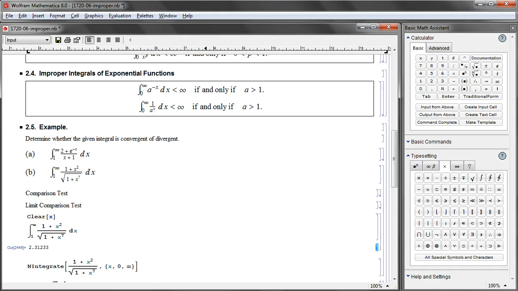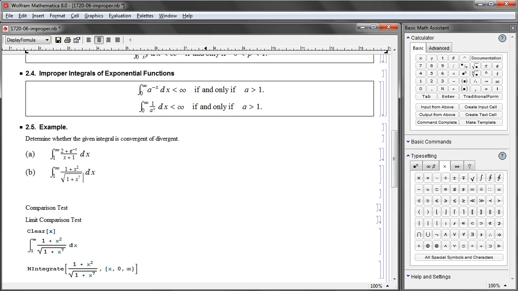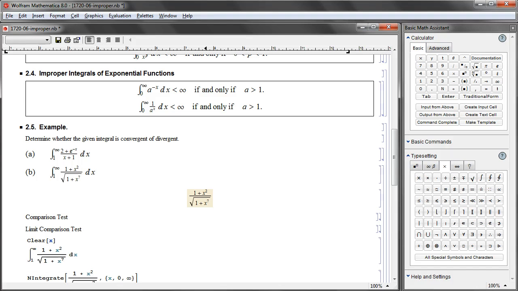But how do we justify that? Well, let's begin with this estimation. This is less than or equal to this function because I just reduced the denominator, consequently making the function bigger.